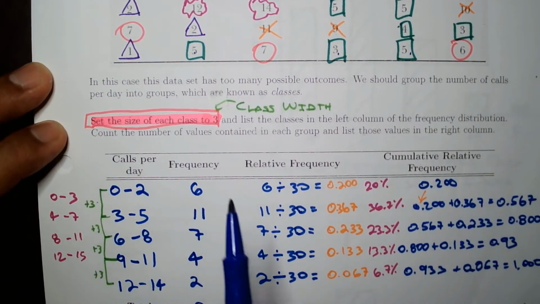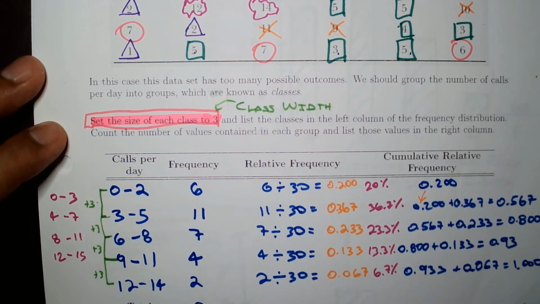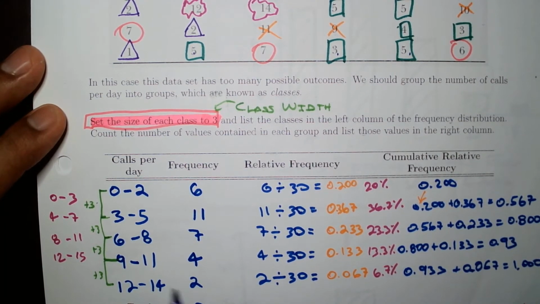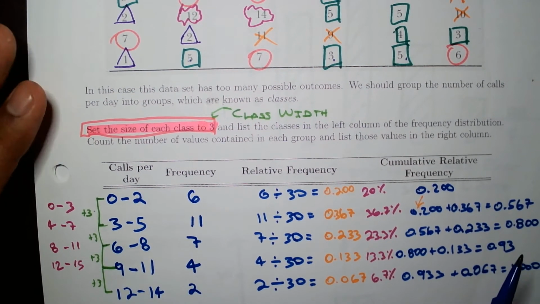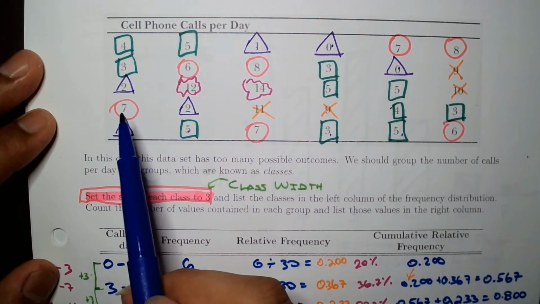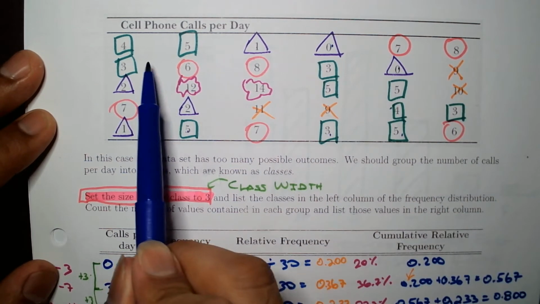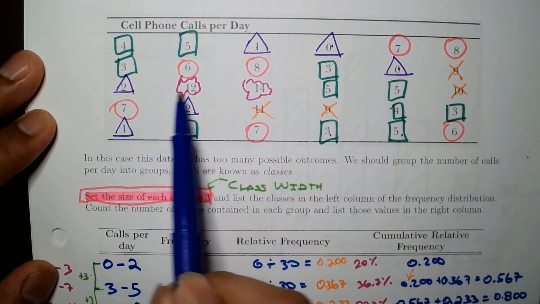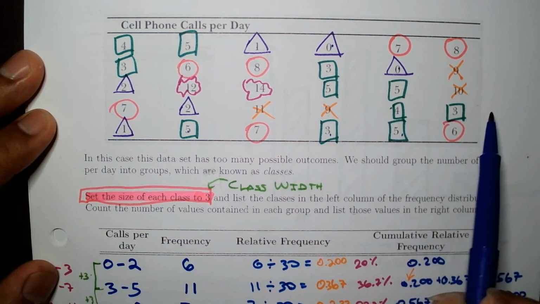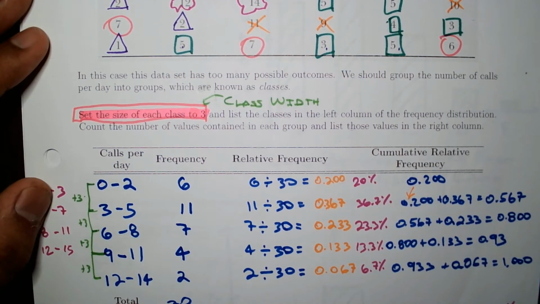A total of 11 observations that are between 3 and 5 inclusive. Now, what about the observations that are between 6 and 8? Between 6 and 8, I use pink circles. Let's go with the first row: 1, 2, 3, 4, nothing, 5, 6, 7. A total of 7 observations are listed here.